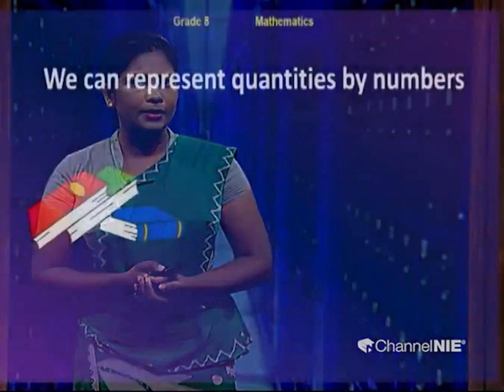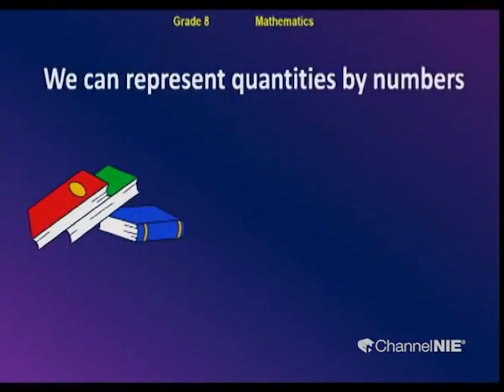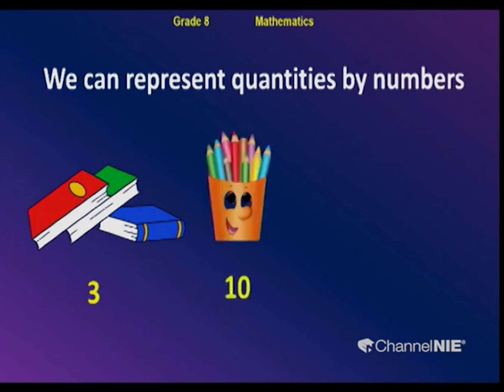Look at this diagram. We can represent quantities by numbers. In maths, there are 3 books. So we can represent this amount or quantity using numbers. That means you can use the number 3 to represent that quantity. Then look at that. What is this? Those are color pencils.